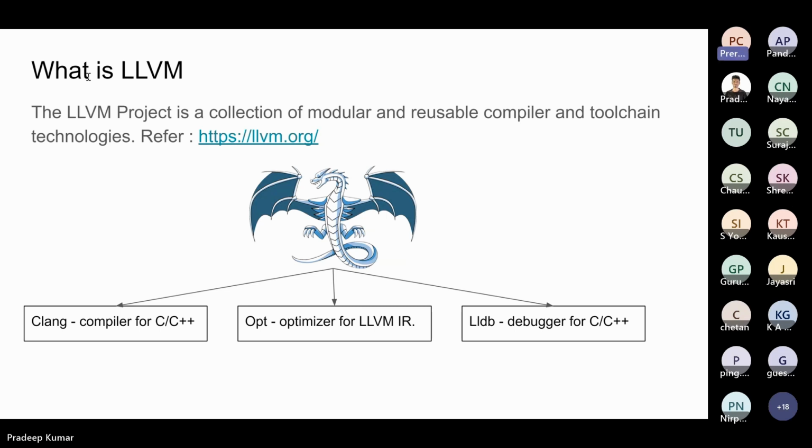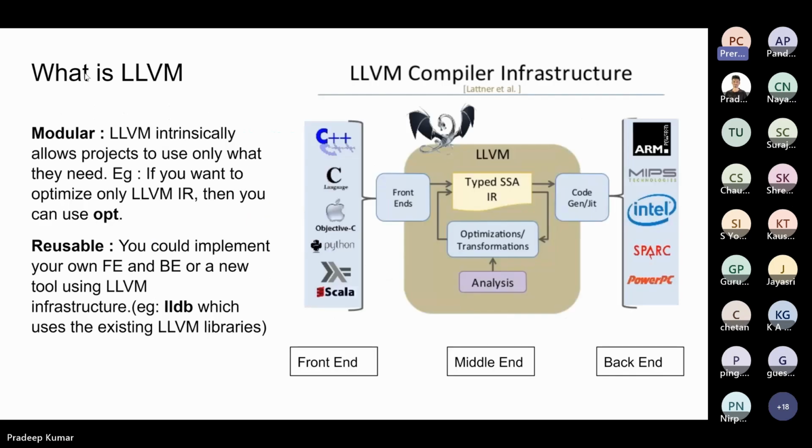The main reason why LLVM was created, it was created by Chris Lattner and his team, was that they wanted to develop modular and reusable compiler and toolchain technologies. Maybe we can go to the next slide and look at more detail. So this is my brief understanding of how we can interpret modularity and reusability.